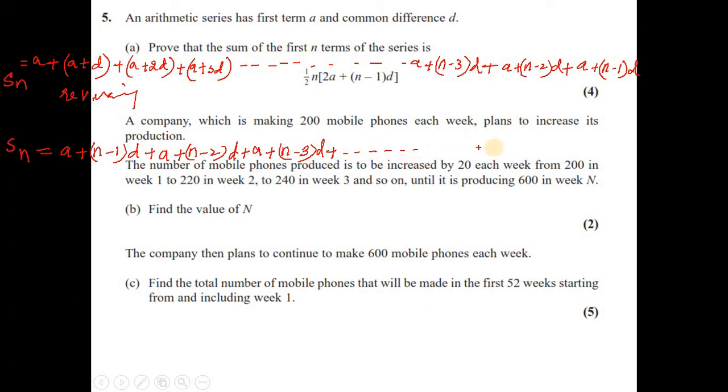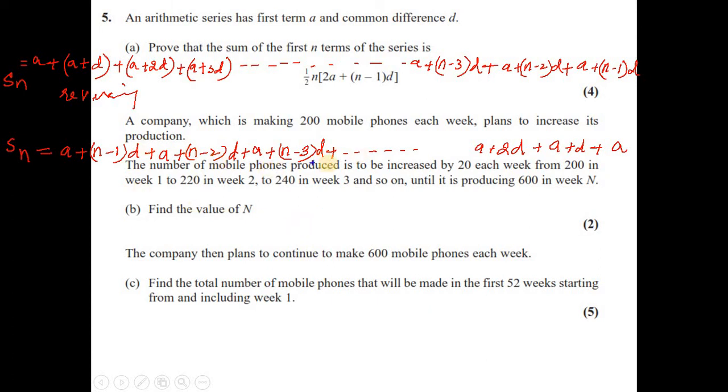And then you can keep going on, and you get a plus 2d, a plus d, and then a.